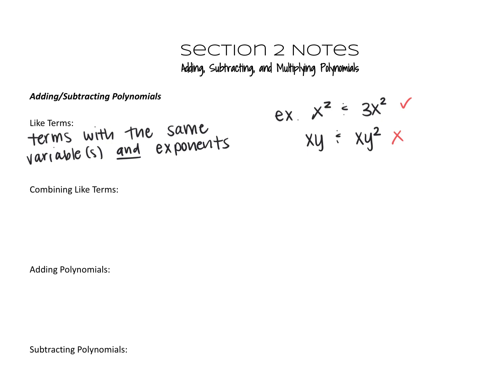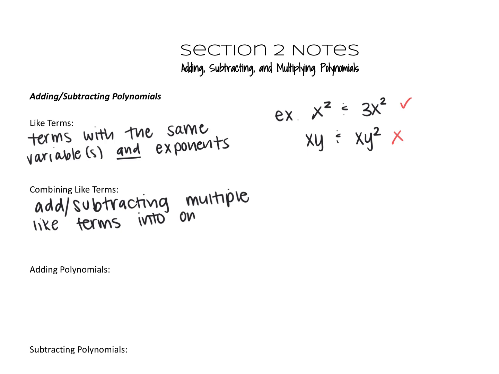So when we talk about combining like terms, we are adding or subtracting multiple like terms into one term.